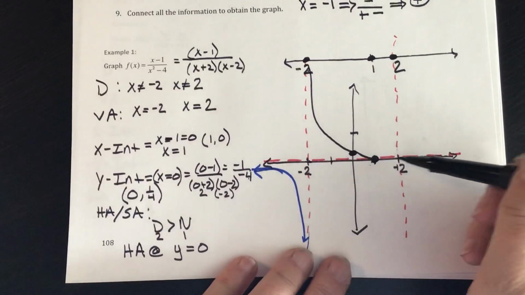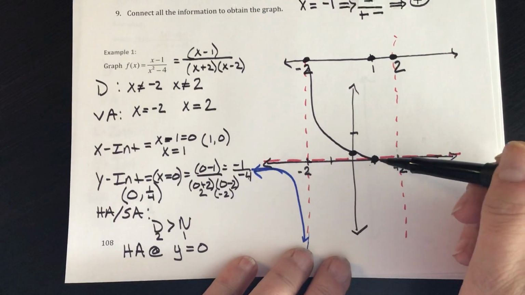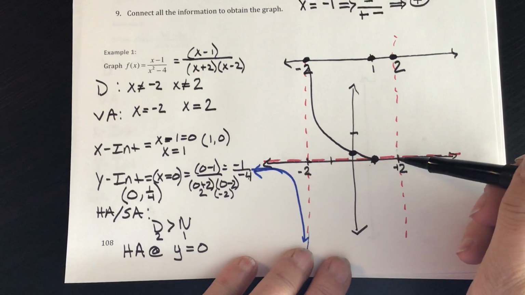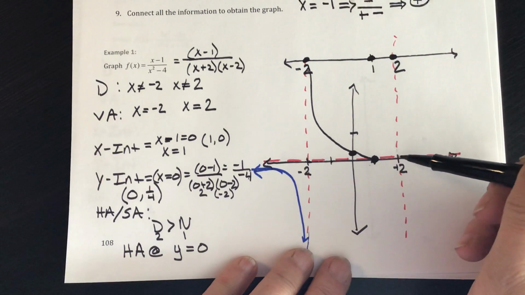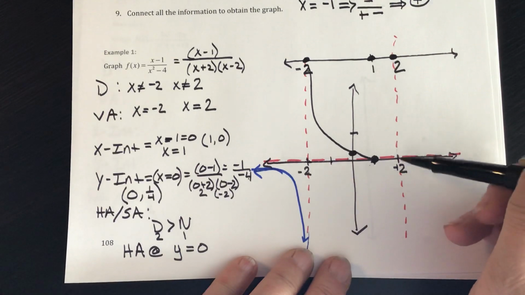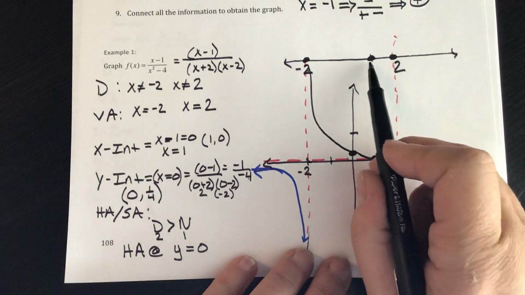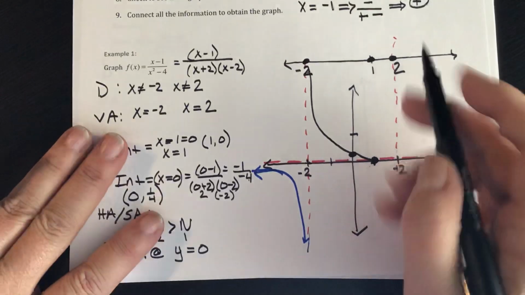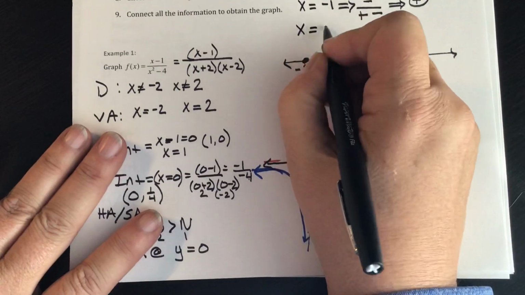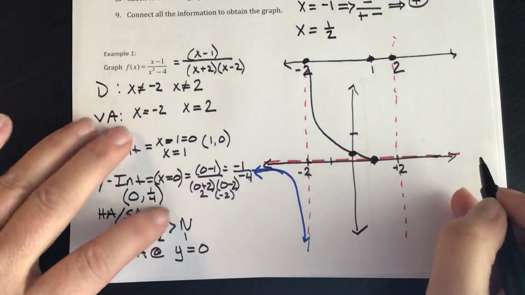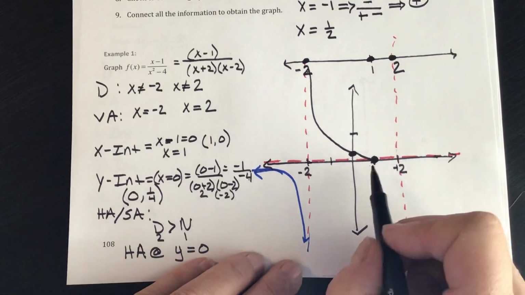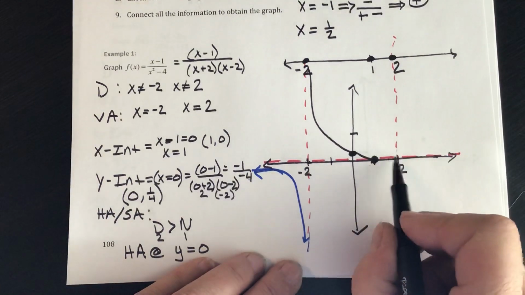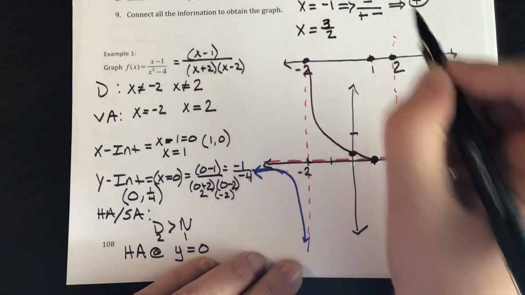Then I need to decide what's happening between my x-intercept at 1 and my vertical asymptote at 2. So I need a number between 1 and 2. Let's make that 3/2 because that's between 1 and 2.